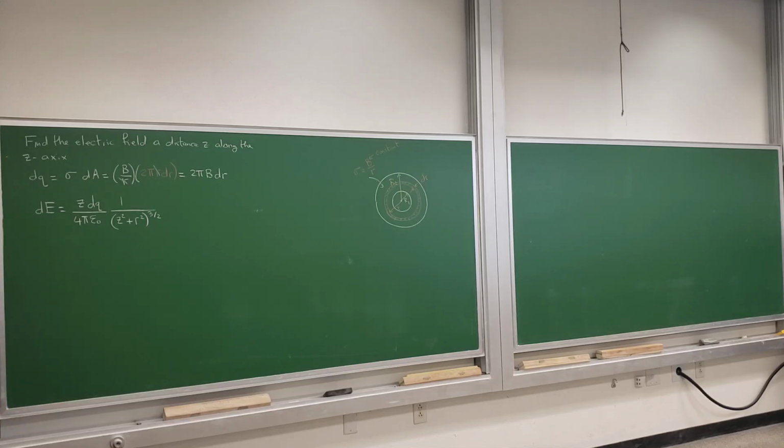Okay. So then, to find the electric field E, I'm going to write it in brown here. E is equal to the integral.